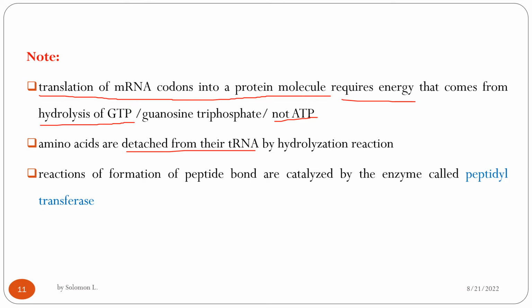This is by the hydrolysis process. And third, reactions of formation of peptide bond. Once amino acids are brought to the ribosome, a peptide bond forms between consecutive amino acids. This peptide bond formation is catalyzed by an enzyme known as peptidyl transferase.